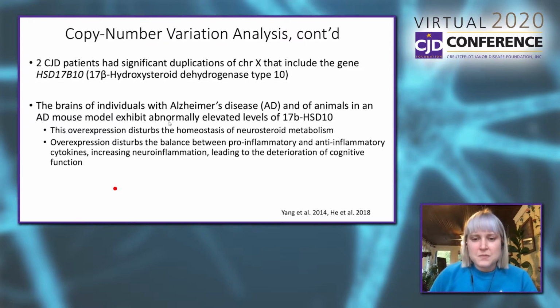And this overexpression disturbs the homeostasis of neurosteroid metabolism, disturbs the balance between pro-inflammatory and anti-inflammatory cytokines. So this increases neuroinflammation leading to deterioration of cognitive function. So again, needs more validation, but potentially interesting.